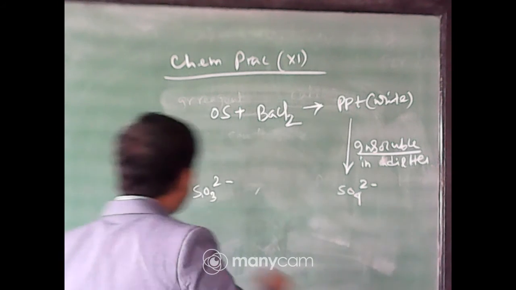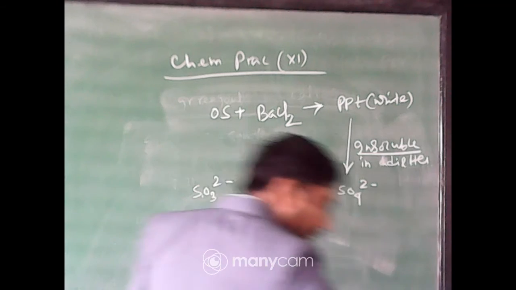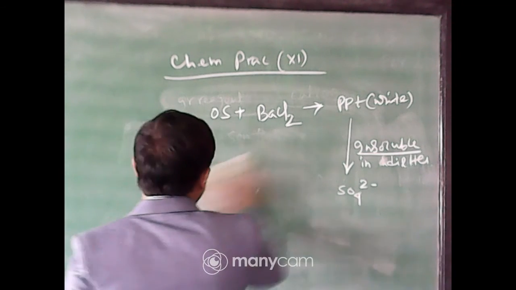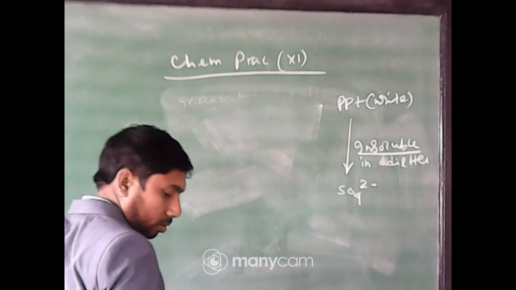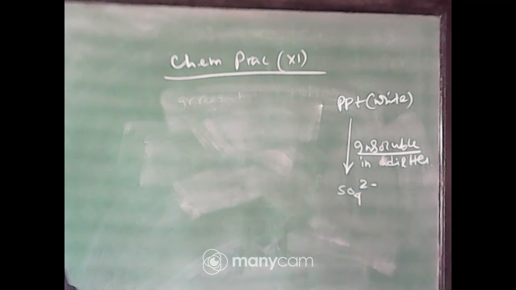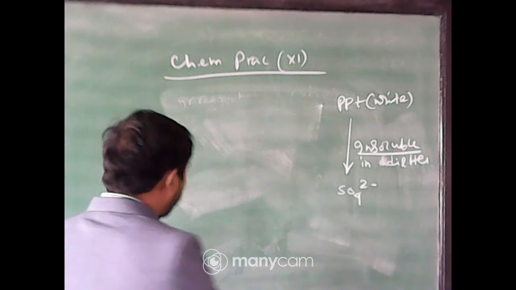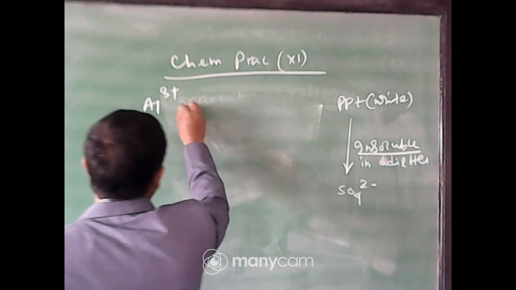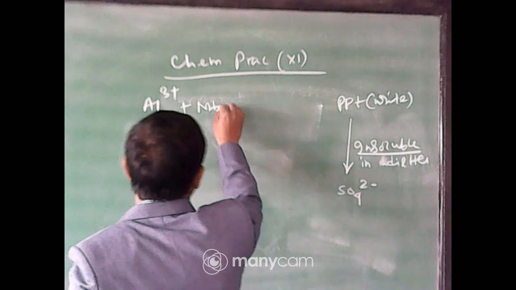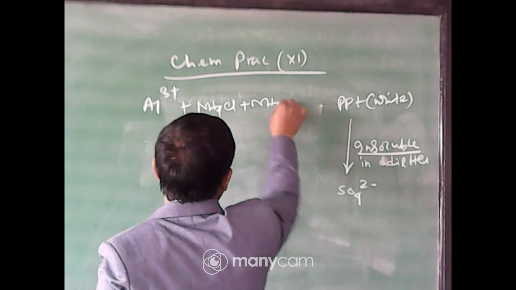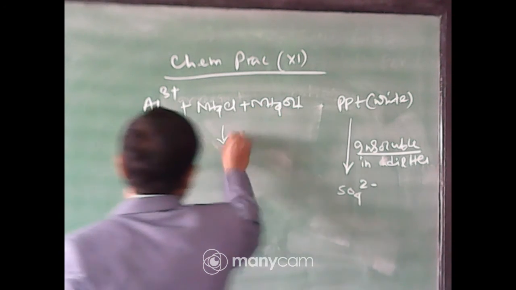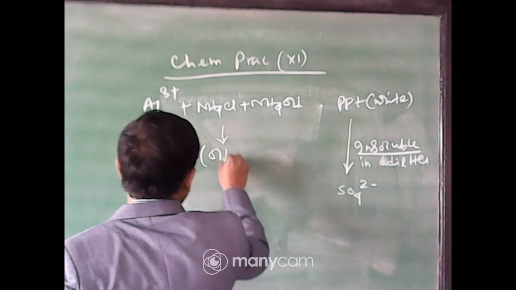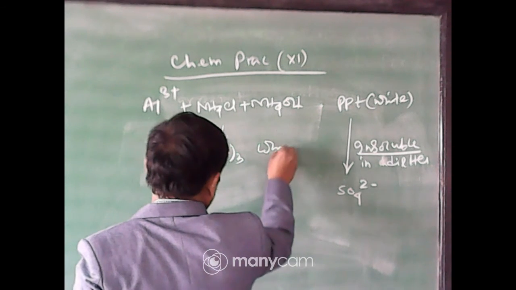So, first, aluminium is present as a cation, when you add NH4Cl plus NH4OH, it will produce a PPT of aluminium hydroxide, which is white.